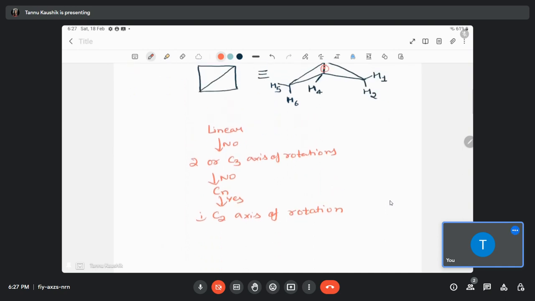So this is the C2 axis of rotation. But do we have two C2 axes of rotation perpendicular to this? No.